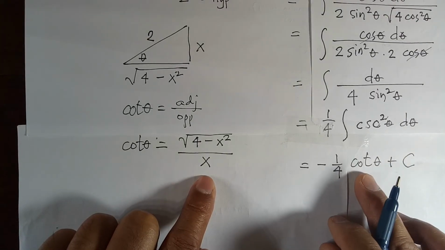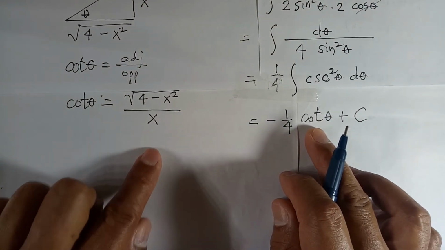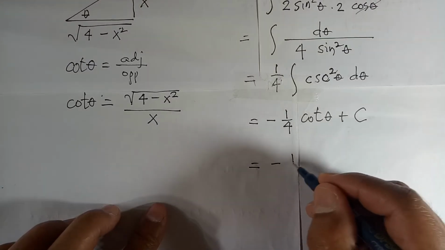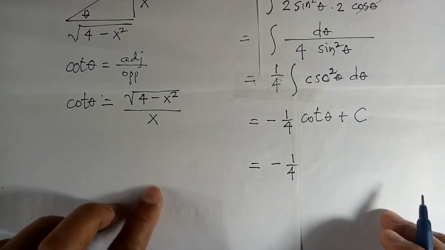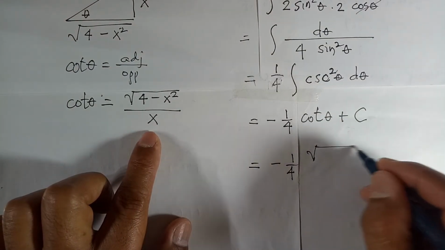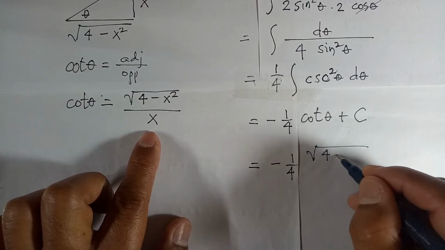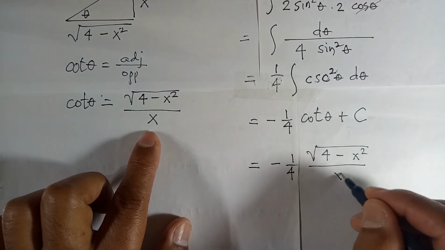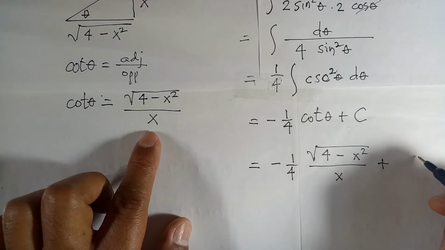So, ito ngayon yung equivalent ng cotangent theta in terms of x. So, substitute natin siya dito sa ating sagot, no. So, I will have negative 1/4 cotangent, ito ang equivalent niya, square root of 4 minus x squared divided by x and then plus c. No?